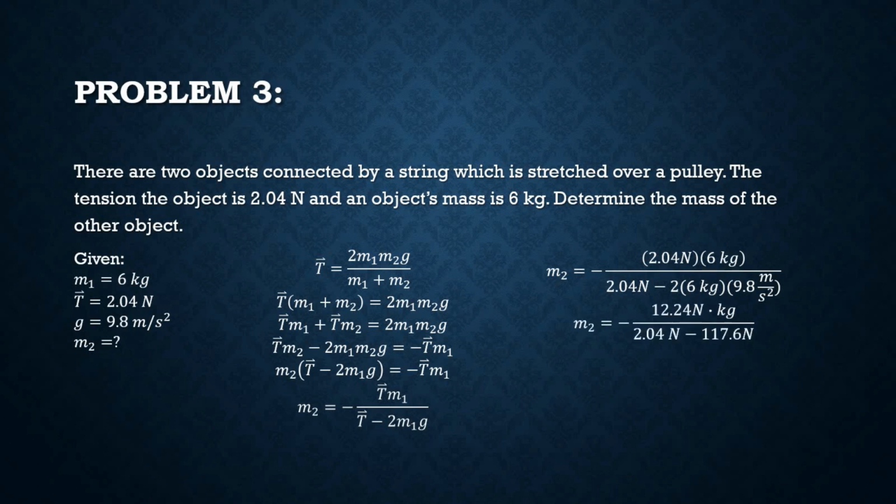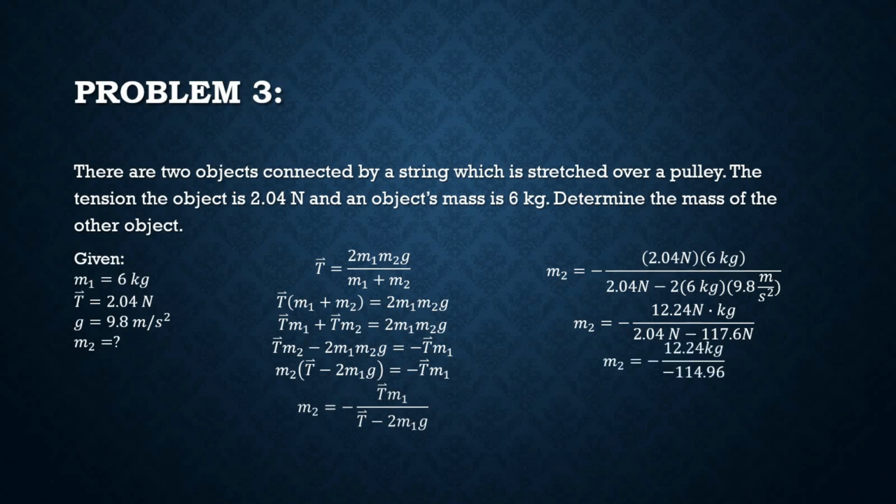If you multiply 2.04 newtons times 6 kilograms, you'll get 12.24 newtons times kg, and if you multiply 2 times 6 kg times 9.8 meters per second squared, you get 117.6 newtons. So now they have the same term, so you can subtract them.